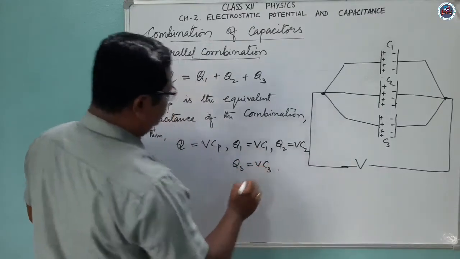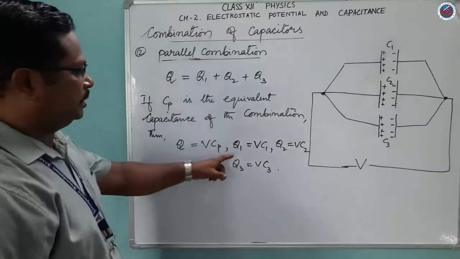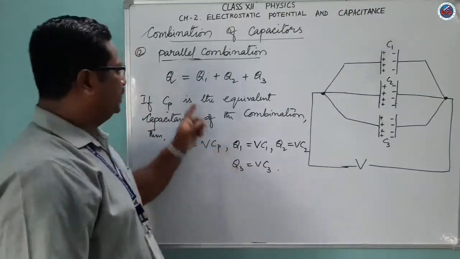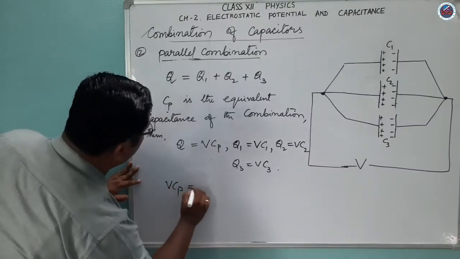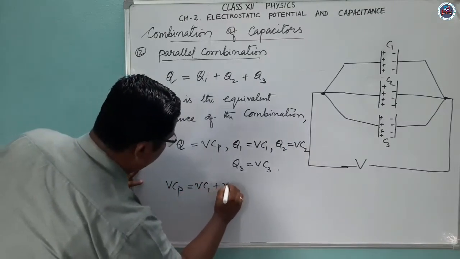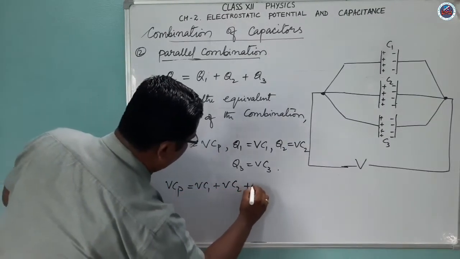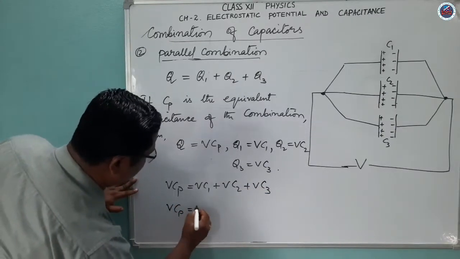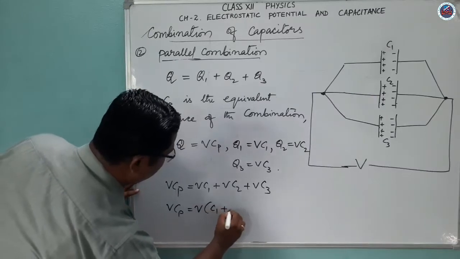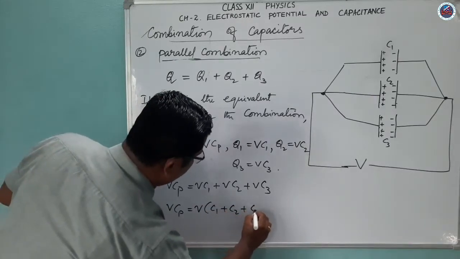If you put all the values of Q, Q1, Q2, Q3 here, then you get V Cp is equal to V C1 plus V C2 plus V C3. Then V Cp is equal to V, you can take common, C1 plus C2 plus C3.